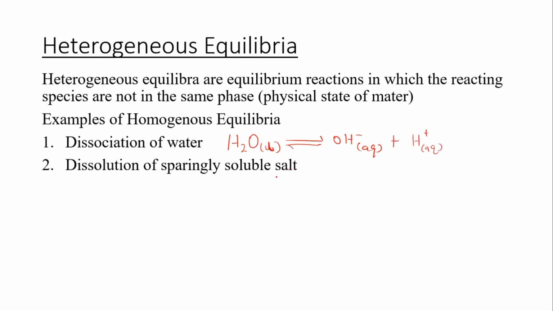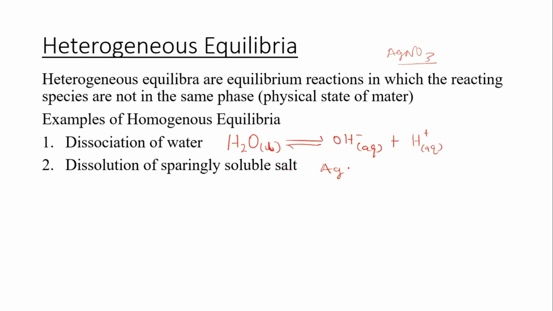Now, also we're talking about dissolution of sparingly soluble salts. For instance, those salts that are not readily soluble in water, like silver salts. Most silver salts are not soluble in water. The one that is soluble is AgNO3. So it's only the AgNO3 that is readily soluble. The others are not soluble in water.